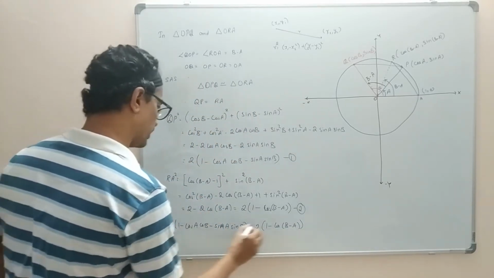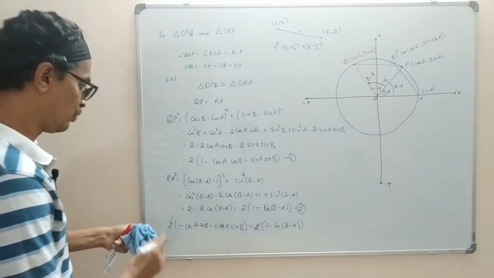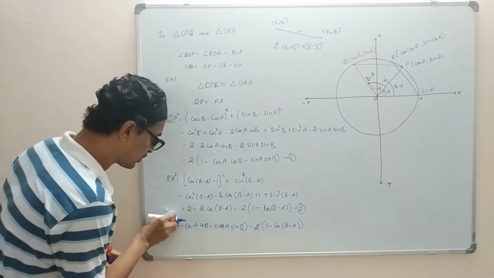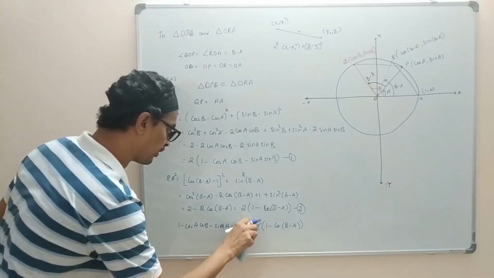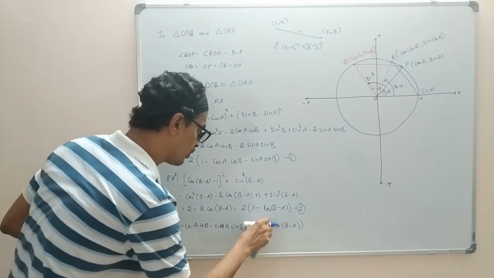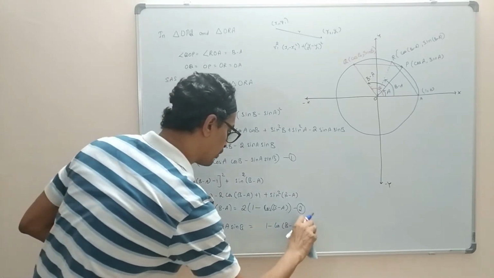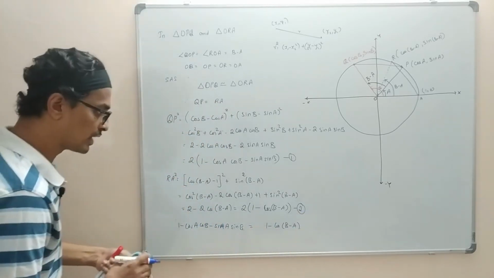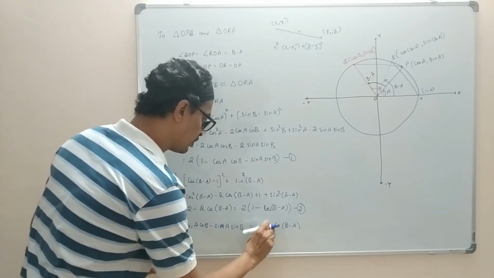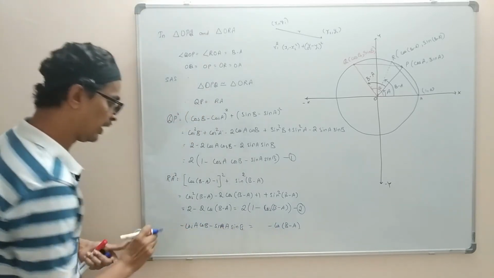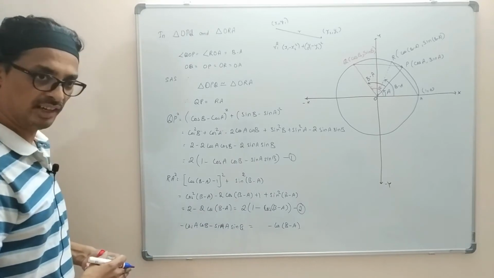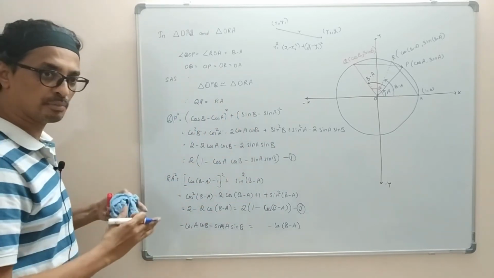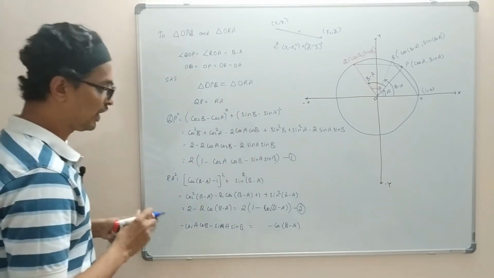So 2 cancels off, then 1 also gets cancelled off. Both sides are negative, so I can always multiply by minus and make it positive. So what is the answer?